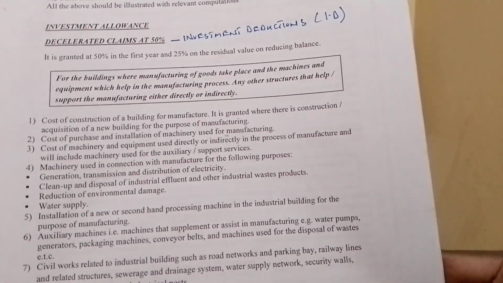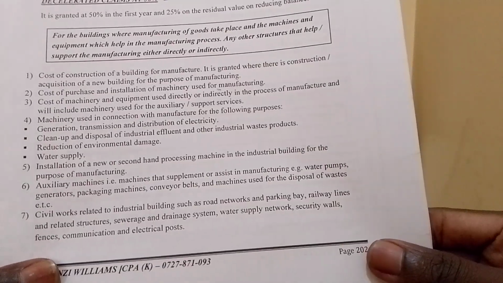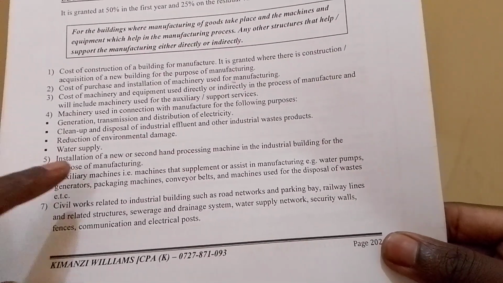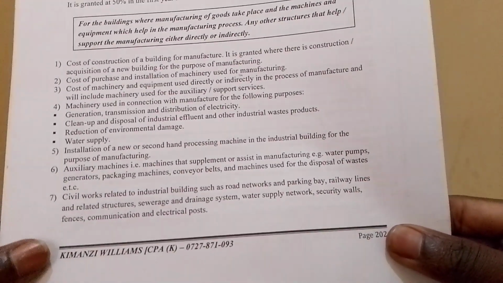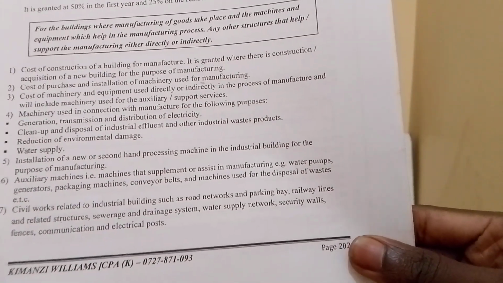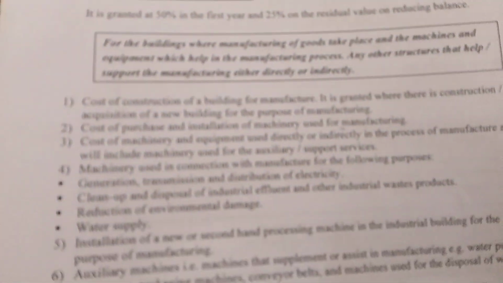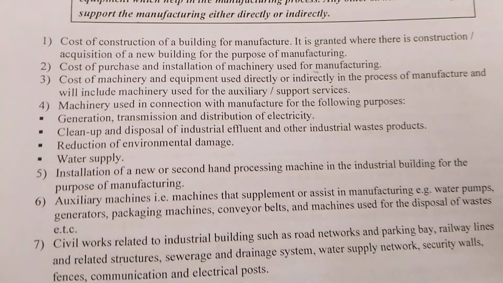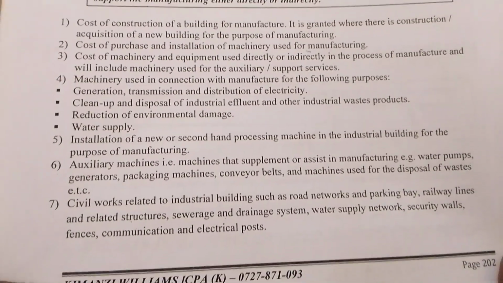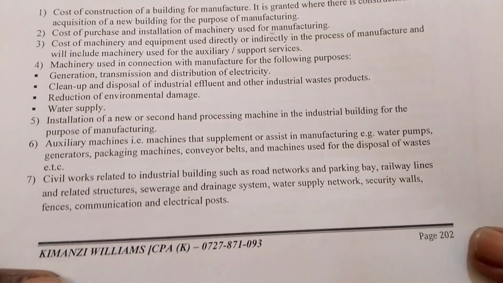Now, you can read for yourself point 1 all the way. So again, this point is important here, point number 6, auxiliary machines. So any machine which is helping in manufacturing, any building which is helping in all those machines which help in manufacturing, they are also granted that capital allowance at 50%.